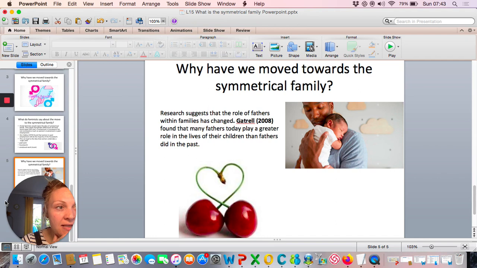In some cases, this is because men had fathers who were not involved in their upbringing, so they wanted to do things differently for their own family.